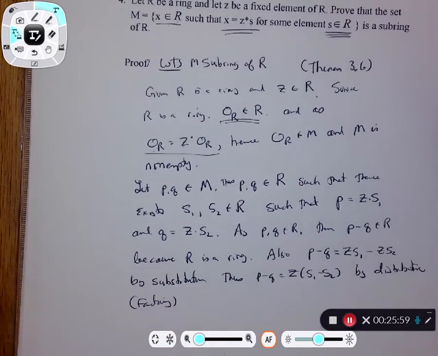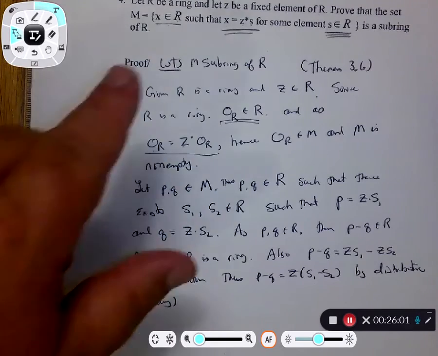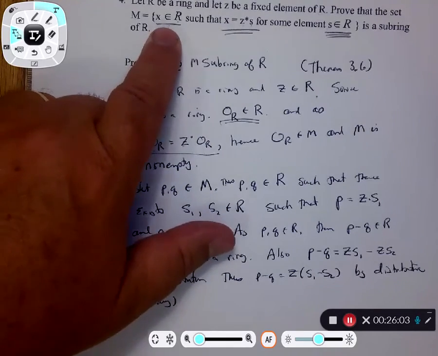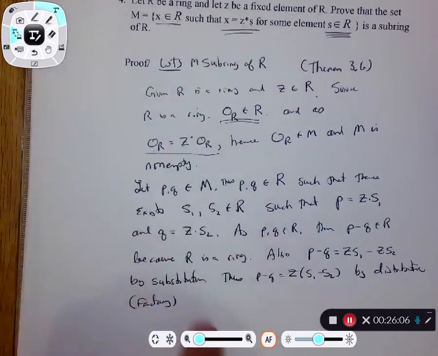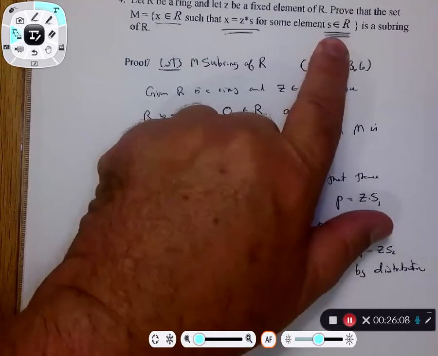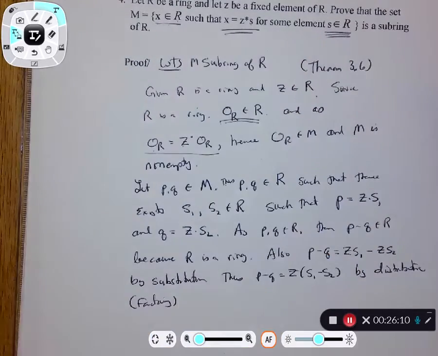So, look at my structure here. I've got P minus Q in R. I've got P minus Q equals Z times somebody, but I've got to get that third case. Why is that somebody in R?